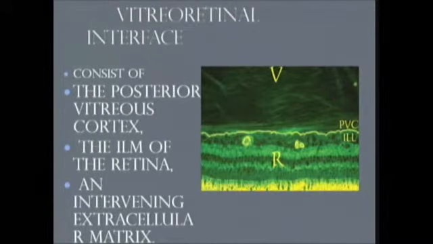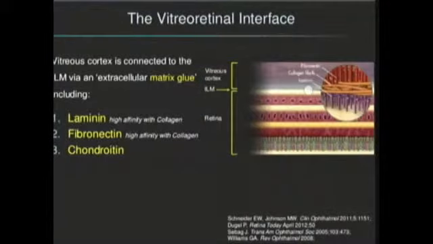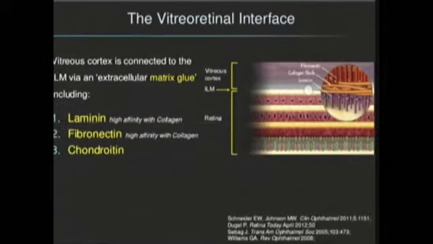So the vitreous interface consists of the internal limiting membrane, as you can see in this electron microscopy, and the posterior vitreous cortex, with an intervening matrix like laminin, fibronectin, and chondroitin, which helps to connect the posterior vitreous cortex to the internal limiting membrane.